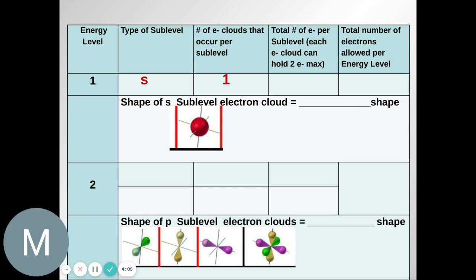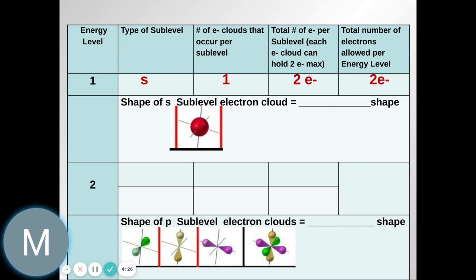The number of electron clouds that occur in that sublevel is 1. And the total number of electrons per sublevel, remember each sublevel we're going to learn can hold a max of 2 electrons, so the total number we can have is 2, because I'm just doing 1 times 2. And the total number of electrons allowed per energy level then is also 2.